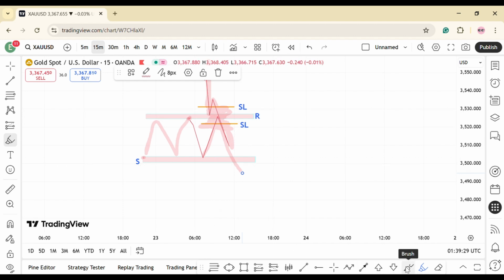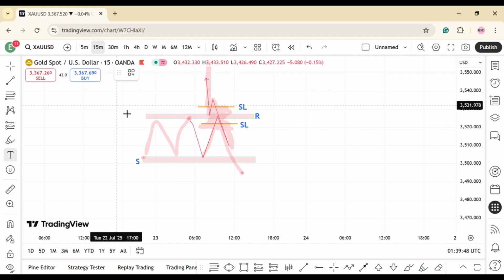That's it for the sideways liquidity. Just know that anywhere you see equal highs or equal lows, because these two, this and this, make an equal high.